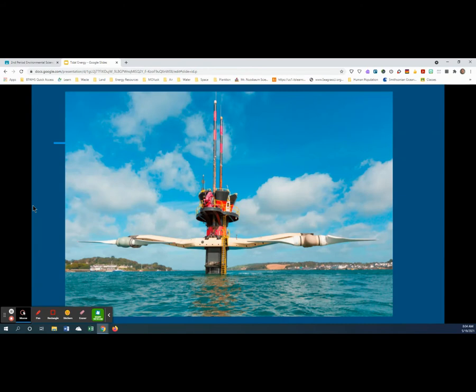However, it spins almost in a horizontal fashion instead of a vertical fashion. And this one actually can go up and down. So when the tide is not moving down here, they lift the turbine up. When it does start to move, they lower it down and it will begin to spin and create energy.